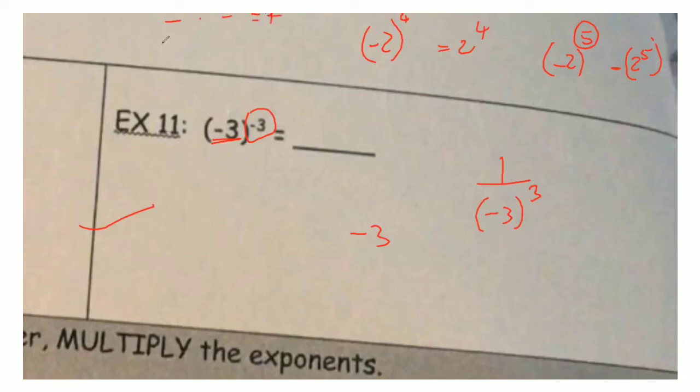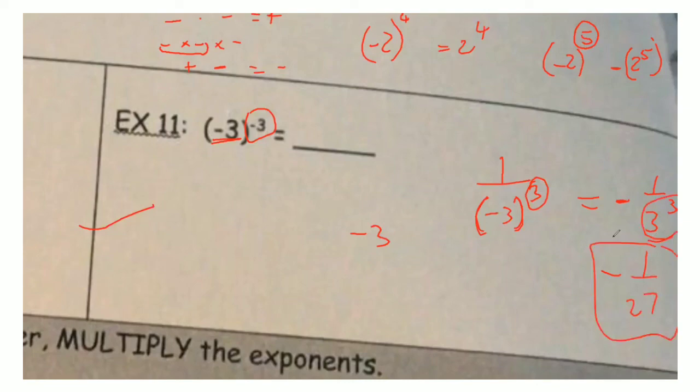But if I multiply a negative times a negative times a negative, these two will become a positive, and positive and negative will become a negative. So when it's odd, the negative sign stays. Here the exponent is odd, so this negative sign will stay, the same as negative 1/3 to the third. So the whole fraction will be negative because the exponent in the parentheses of this negative number is odd. Then that would be negative 1/27, because 3 to the third is 27.